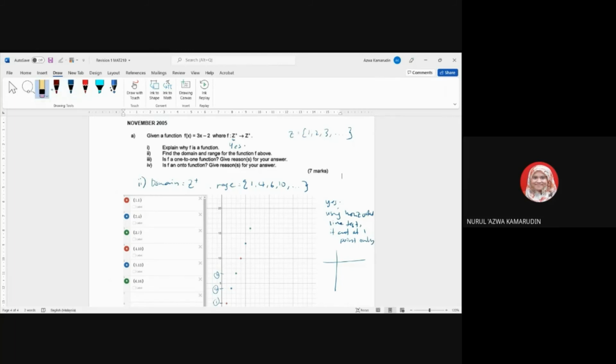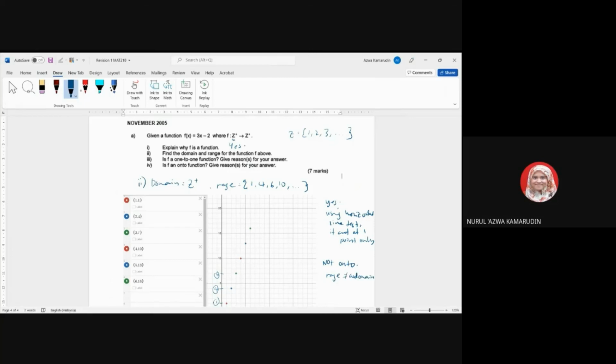Is this an onto function? Not onto. Reason: the range is not equal to the codomain.